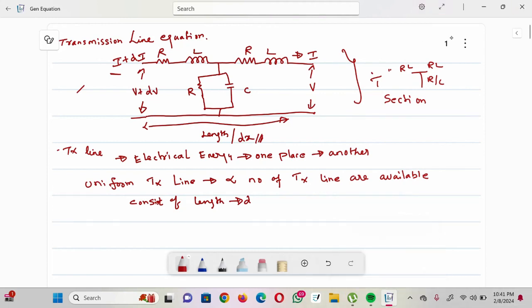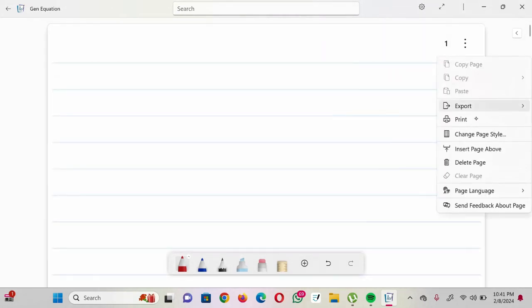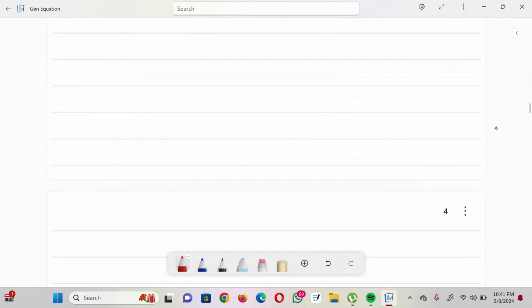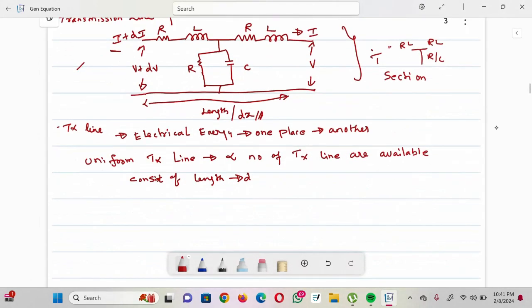Now I am going to go to the next page. Transmission line system. What is the input voltage, and what is the output current?